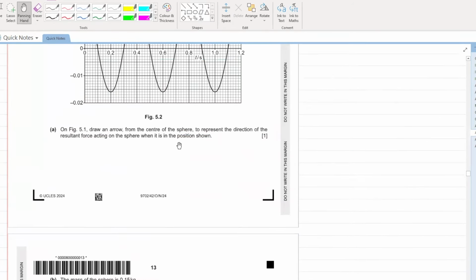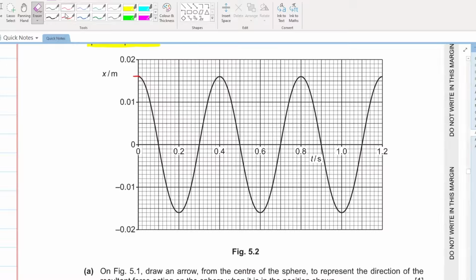You can just read it off from the graph. This is 0.016 meters. Your amplitude is 0.016 meters. So you can write it here.